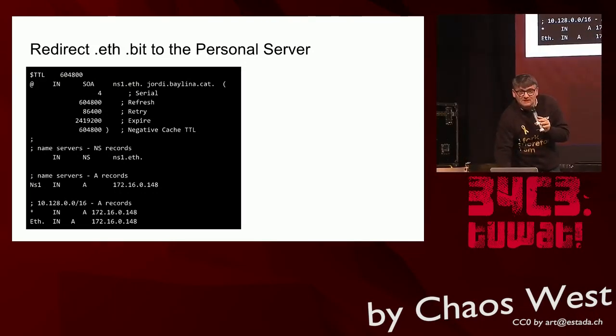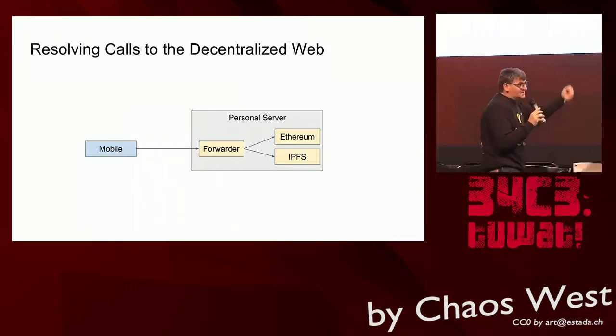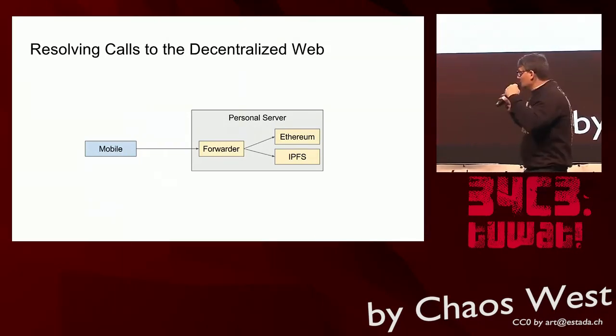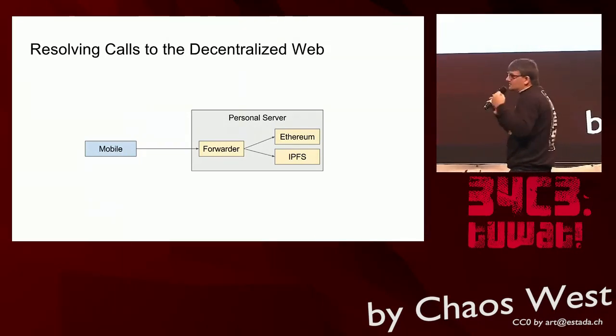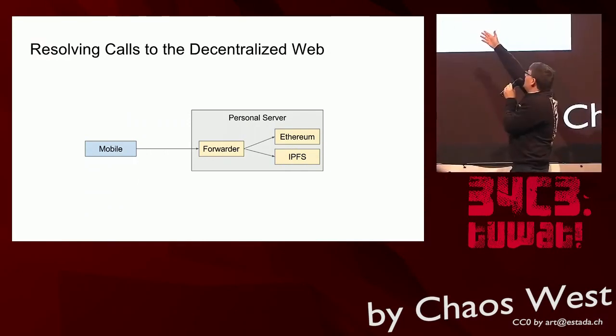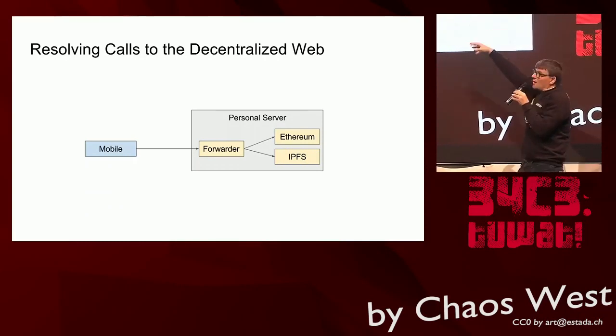So then we just need a simple piece. It's a kind of forwarder that takes this HTTP GET query, and in the case of ENS it goes to Ethereum, since in the same server we have an Ethereum node.